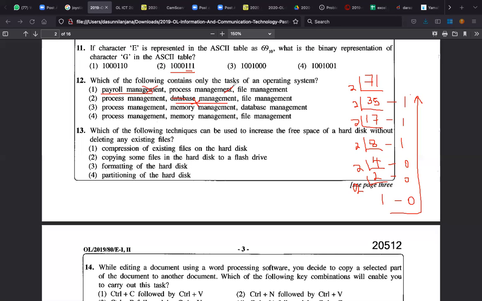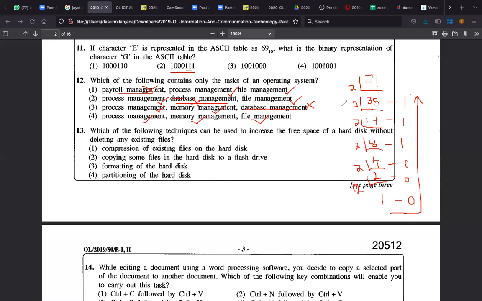File management, process management, correct answers, right? File management, correct. Process management, correct. Memory management, correct. User management, correct. Hardware management, that is also correct.